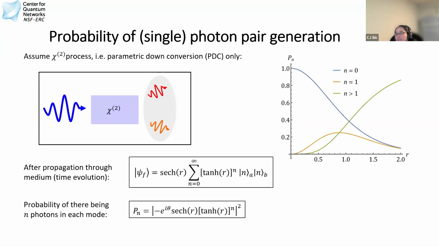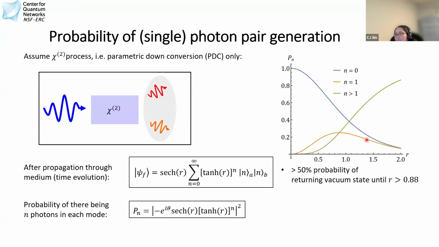your probability of having 0 photons is the vacuum state. Nothing happens. You actually end up with a fairly high probability across the board in the blue curve, and then n equals 1.